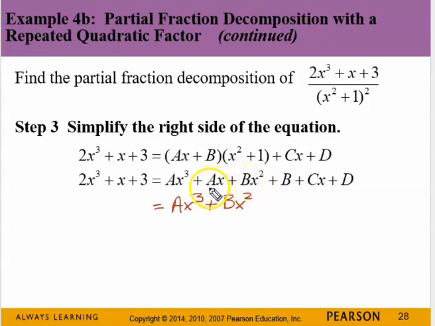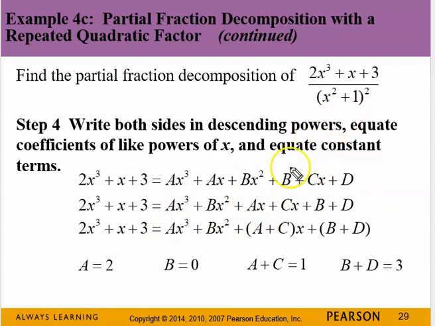Now here we have an ax and a cx that we're now going to put as a plus c times x. And then we have a b plus d that we can group together. So that's where we are. Let's go to our next slide.